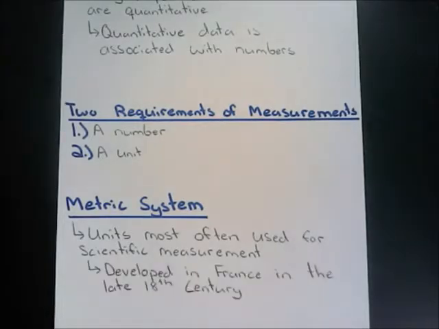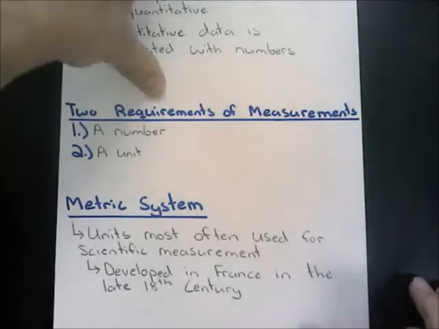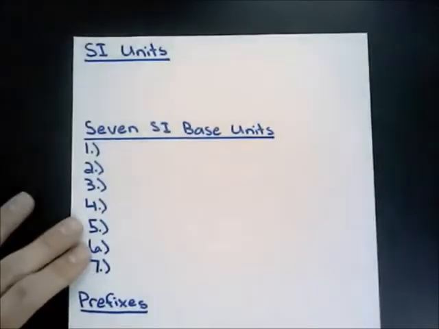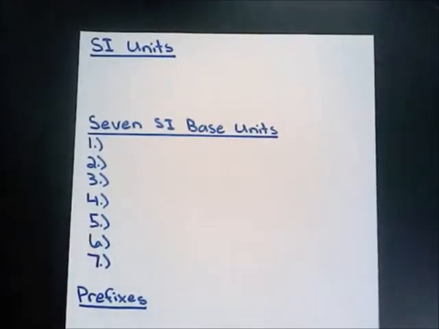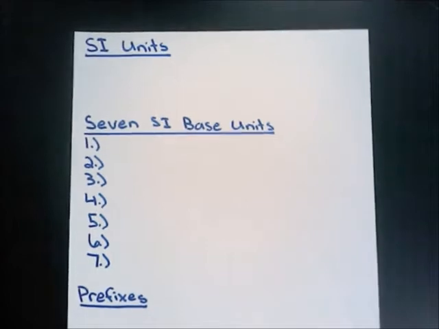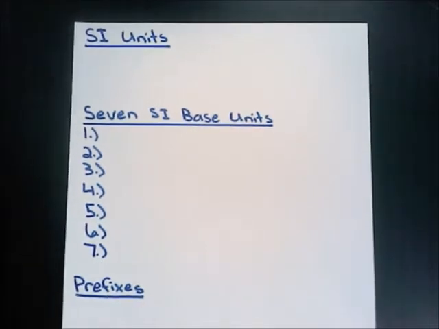And so that brings us to our next phase here, and that is talking about more specifically the SI units, or how we like to call it is the System International de Units. Again, it's easier for me and you to say SI units. But the first thing here is that the SI units stands for System International de Units. Again, it was French, and it was first established in that 18th century.